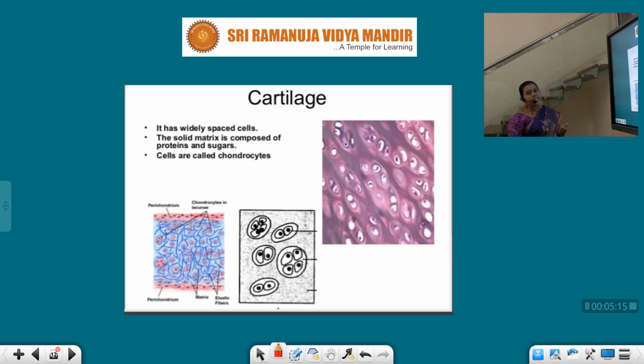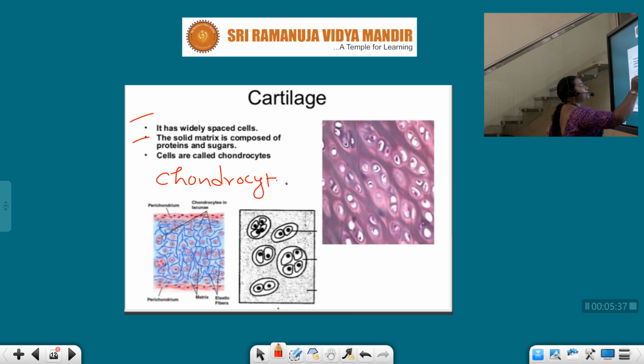Cartilage is another type of connective tissue. It has widely spaced cells. The solid matrix of this cartilage is composed of proteins and sugars. The cells of this cartilage are called chondrocytes.